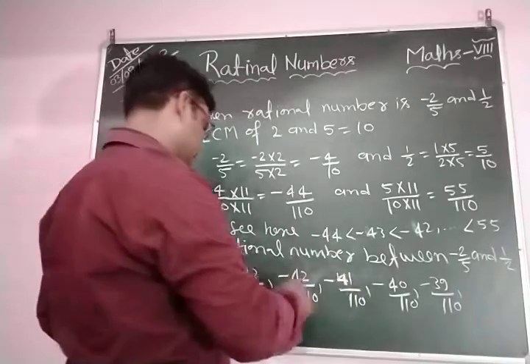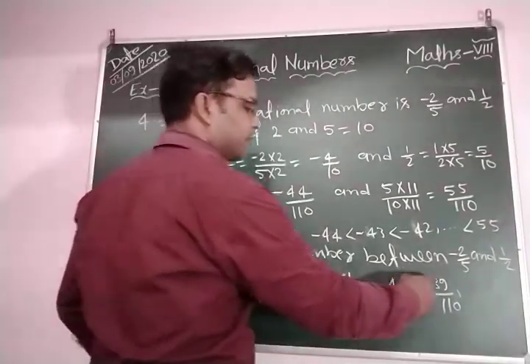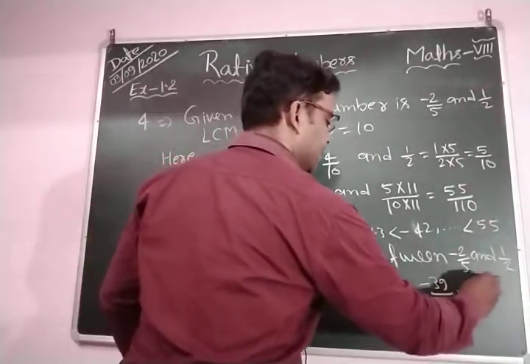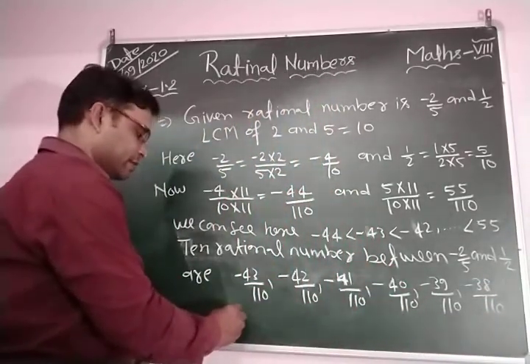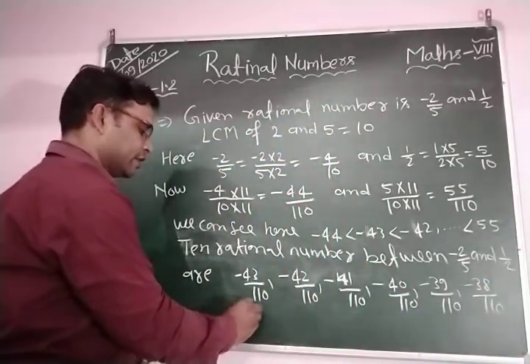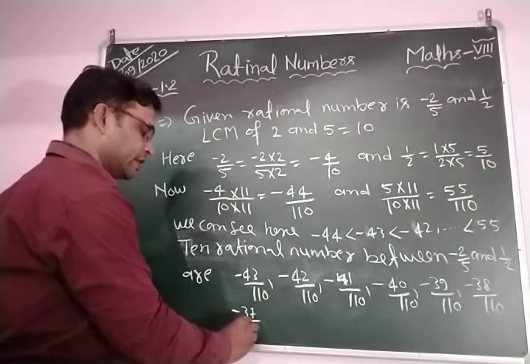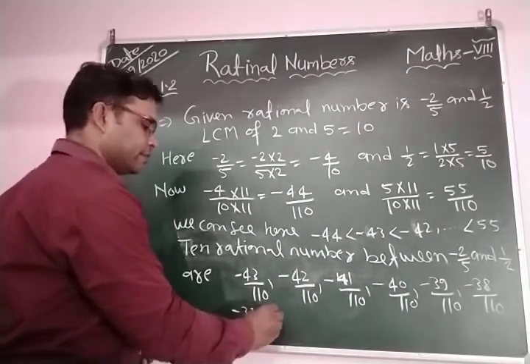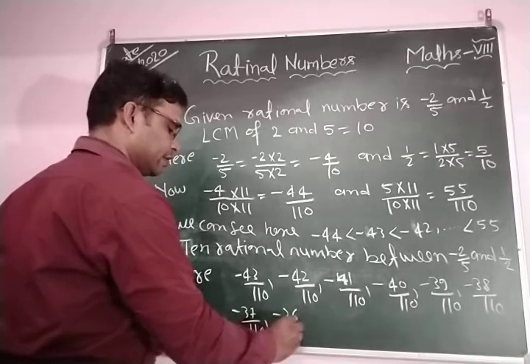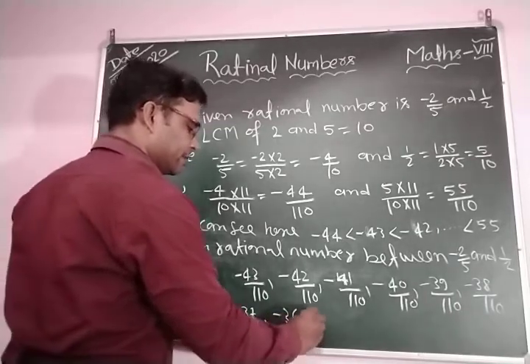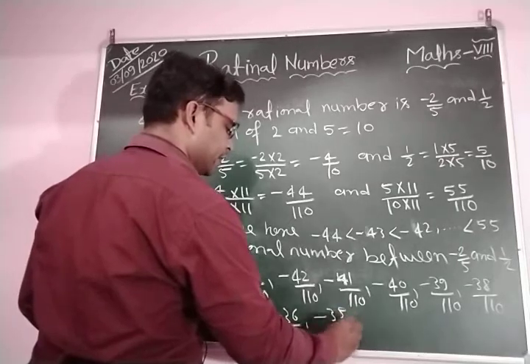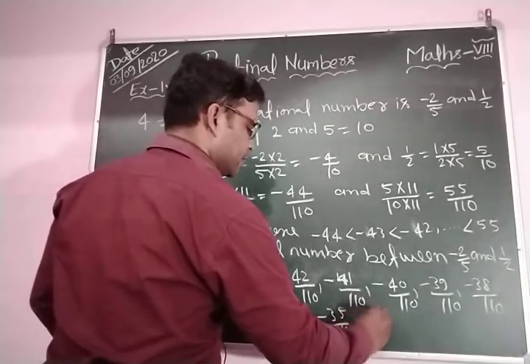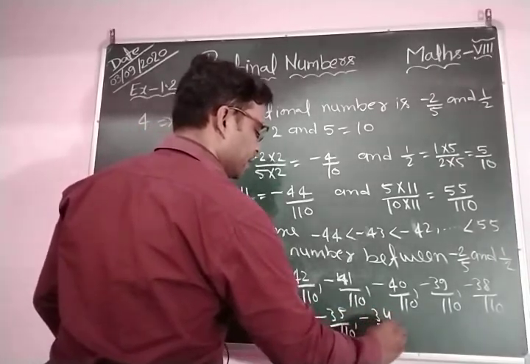So many rational numbers: 1, 2, 3, 4, 5, minus 38 by 110, again minus 37 by 110, minus 36 by 110, minus 35 by 110, minus 34 by 110.